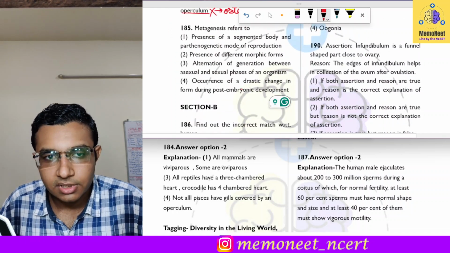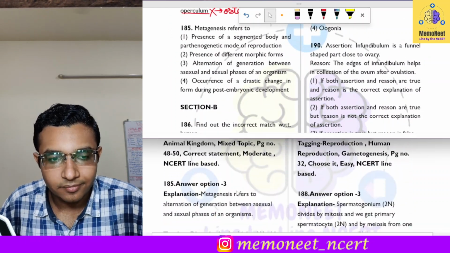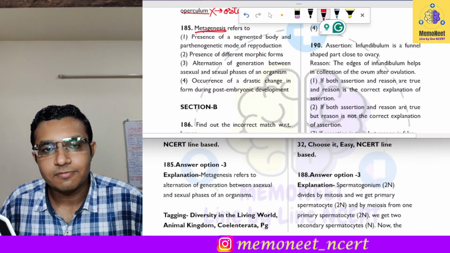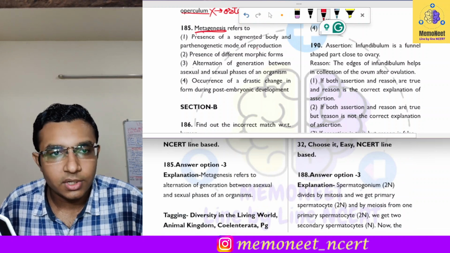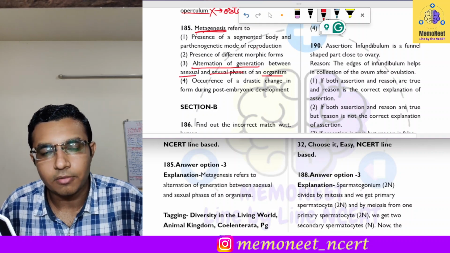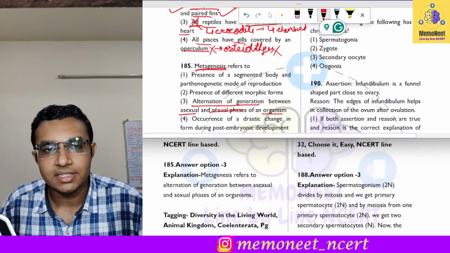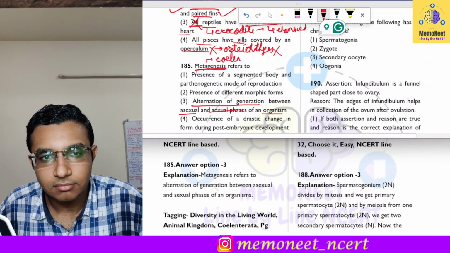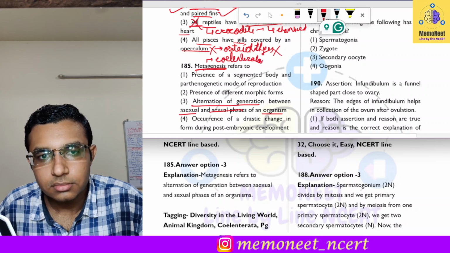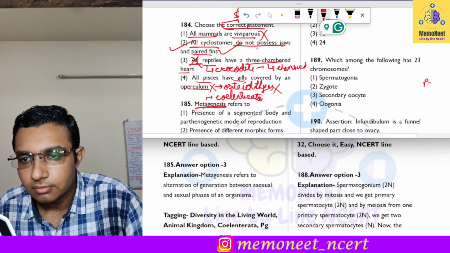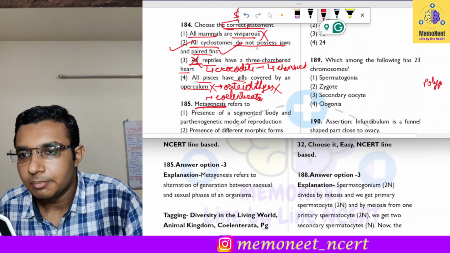The next question is question number 185. It is about metagenesis. Now metagenesis, as we discussed, is a process of alternation of generation between the asexual and the sexual phases of an organism. Metagenesis is exclusively seen in the Coelenterata, where there are 2 forms, that is the polyp and the medusa.